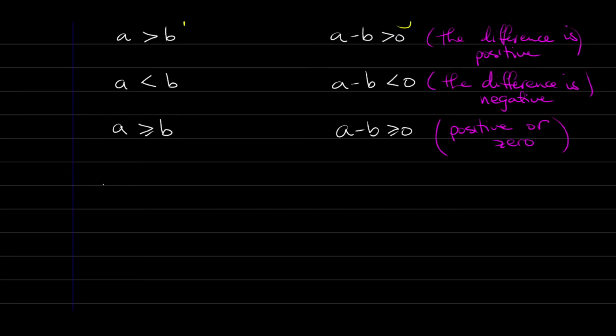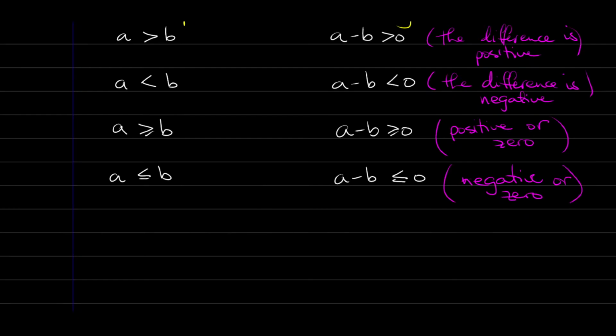And if we have A less than or equal to B, then A minus B is going to be less than or equal to 0. And that would mean that the difference is negative or 0.